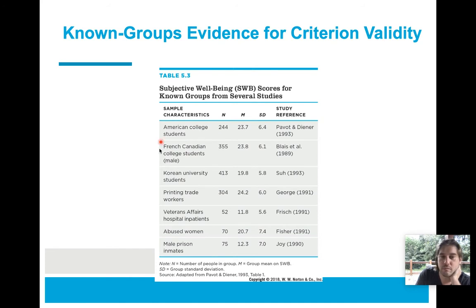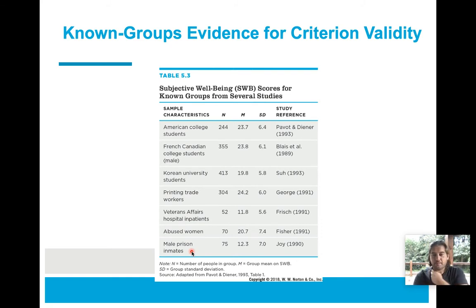So we can see our top three groups are college students, either American, French Canadian, or Korean. We then have printing trade workers. These are just adults with jobs in printing. We have inpatients at a VA hospital, abused women, and male prison inmates.